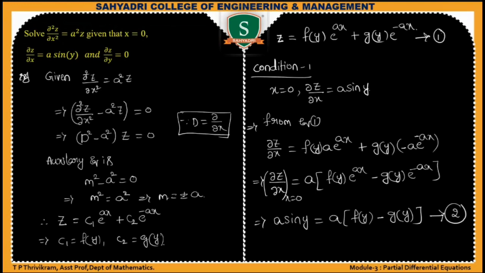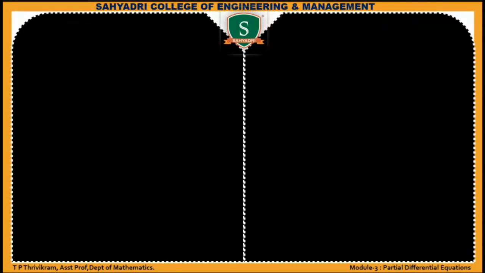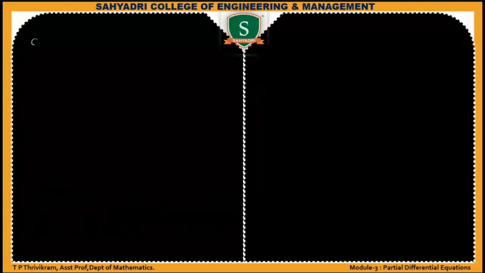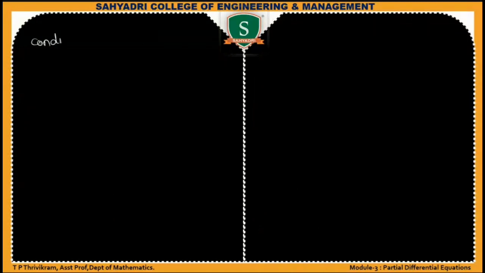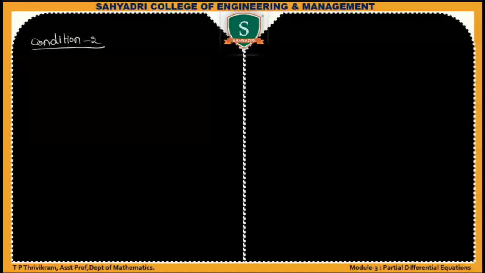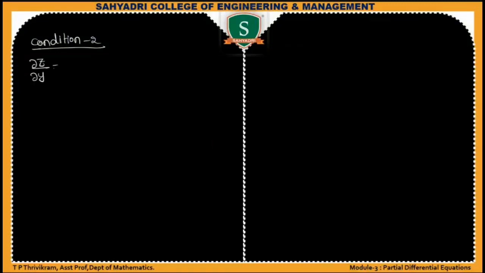Okay. Next, take the condition 2. Dou z by dou y equal to 0 when x equal to 0. So from equation 1, what will be dou z by dou y?